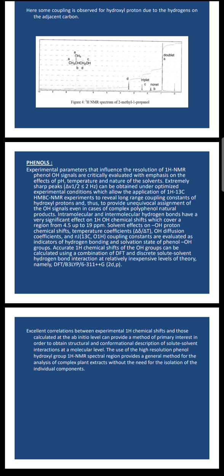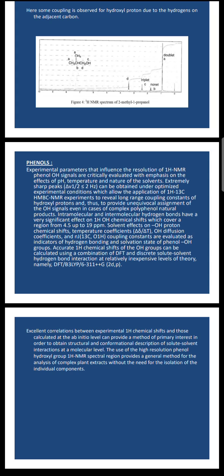Solvent effect on OH proton chemical shift, temperature coefficient delta delta over delta T, OH diffusion coefficient and nJ 13C-O-1H coupling constants are evaluated as indicators of hydrogen bonding and solution state of phenol OH groups.